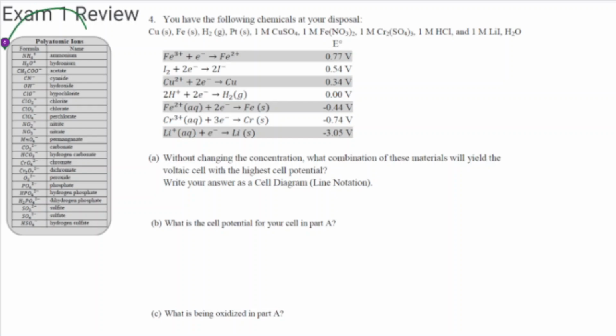That is the new thing I'm adding on here, kind of for convenience sake. All right, so let's read this question. You have the following chemicals at your disposal. You have copper solid, iron solid, H2O gas, platinum solid, 1 molar of copper sulfate, 1 molar iron nitrate, 1 molar chromium sulfate, 1 molar hydrochloric acid, 1 molar lithium iodide, and water.